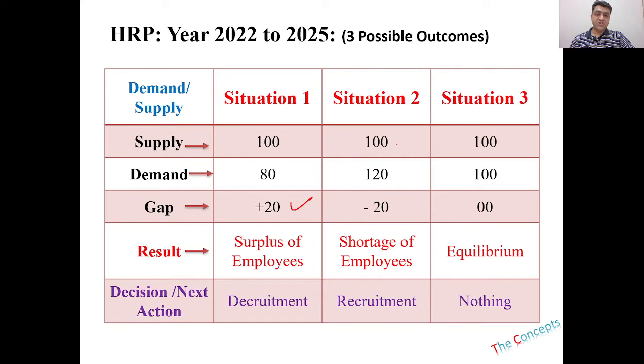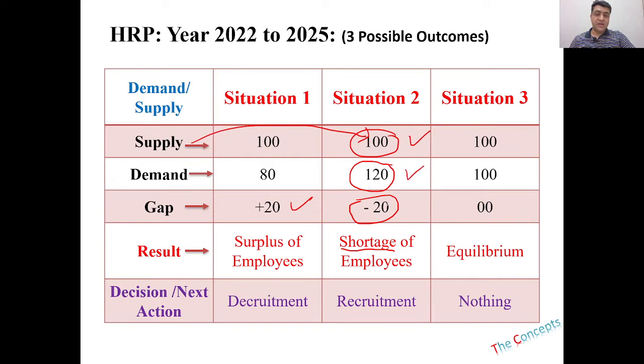In the second situation, we have how much is the supply? 100 people. We have 100 people, but we will be needing 120 people. Why? Maybe because we might be starting new projects during this time. So the second situation is the shortage of people, which means you have 100 people and you will be needing 120 people.